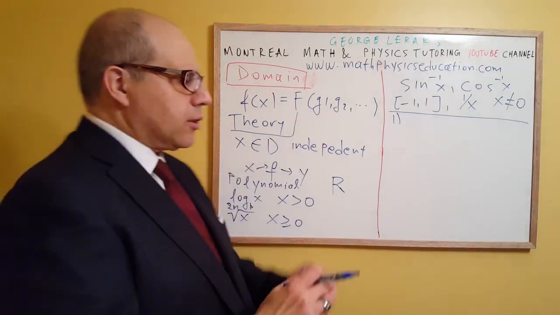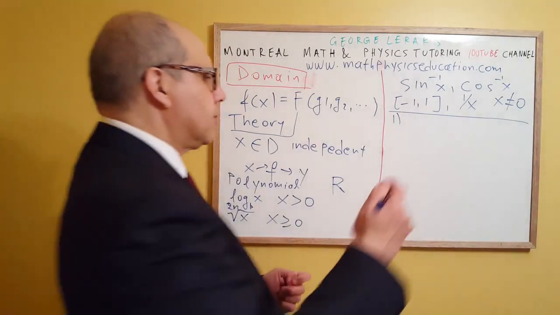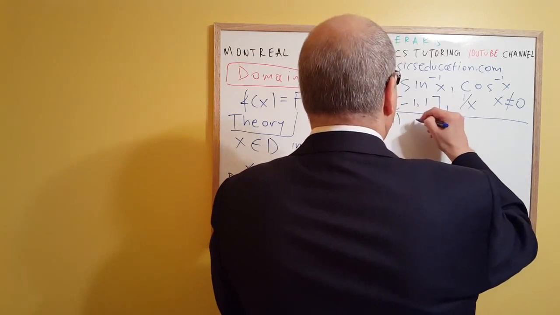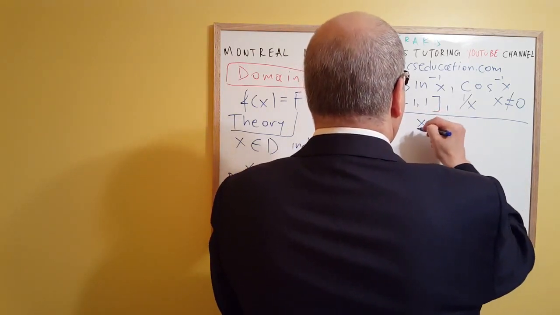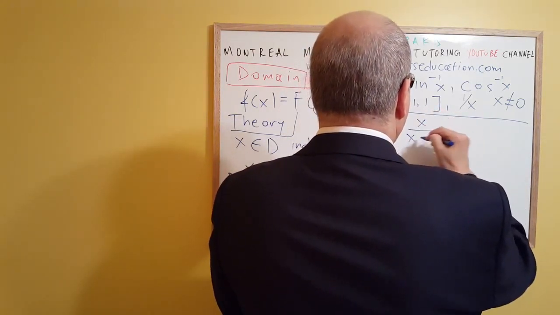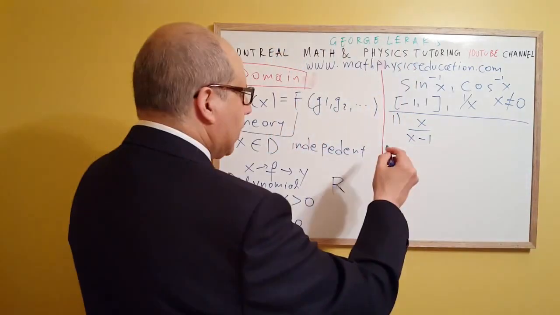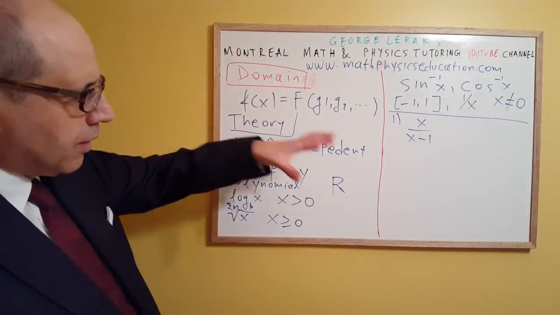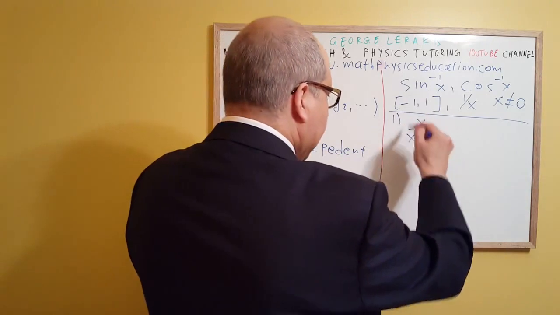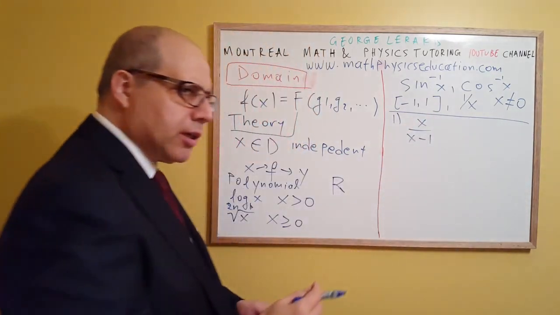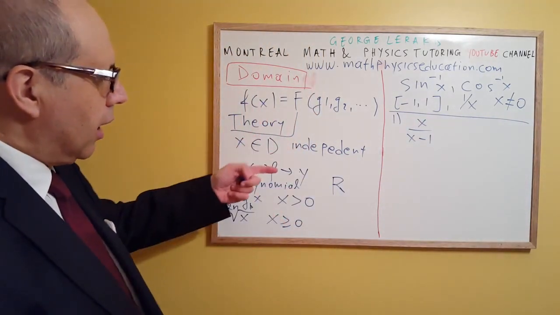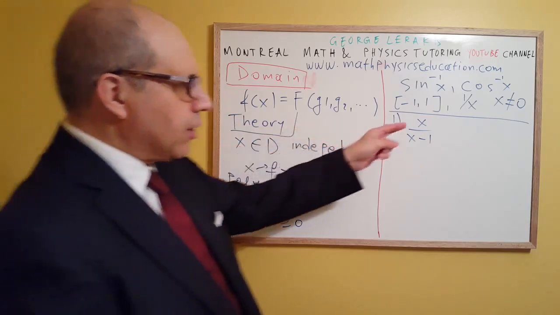So now let's do some examples. Let's say you want to find the domain of the function x over x minus 1. Your component functions here are x and x minus 1. What kind of function is this?